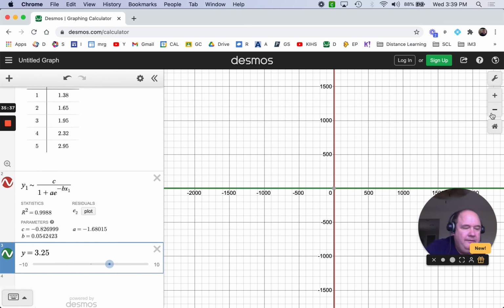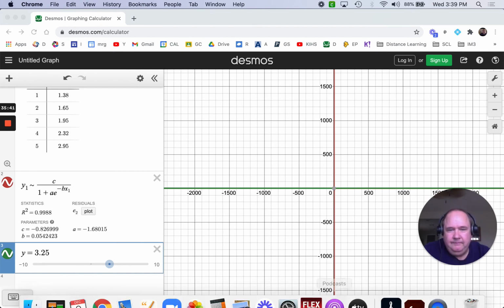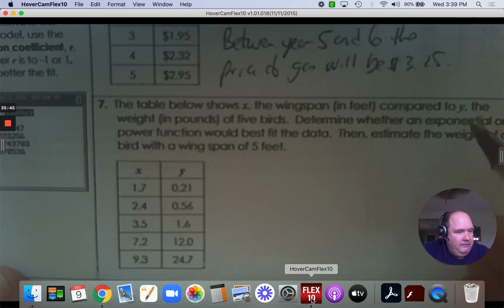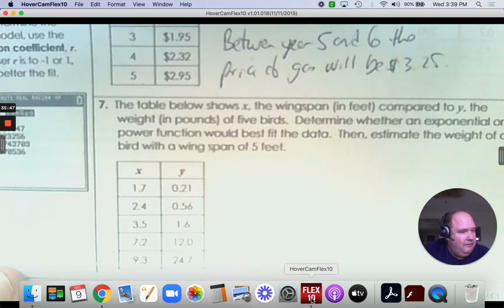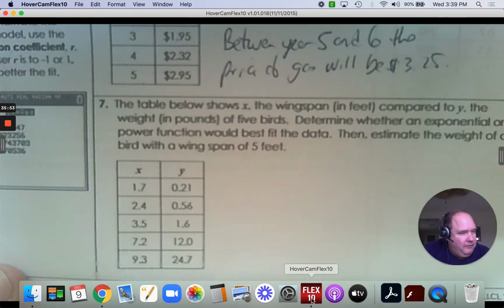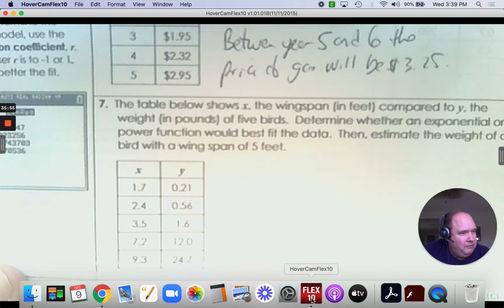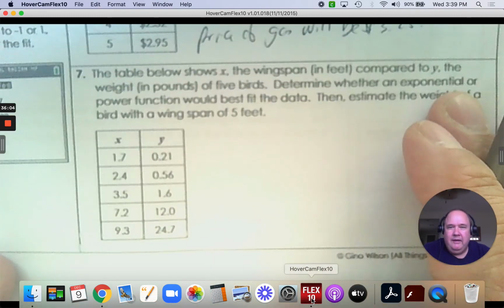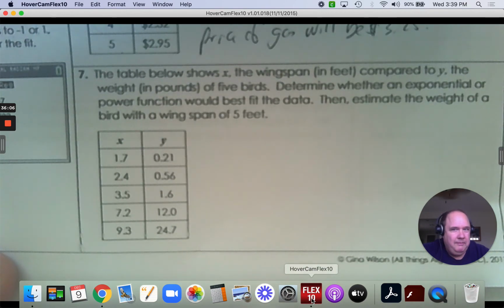is number 7. And the table for number 7 gives the wingspan in feet compared to the weight in pounds of 5 birds. Determine whether an exponential or power function would best fit it. Well, I'm just looking at all the models to see which one would be the best model for what I'm doing.